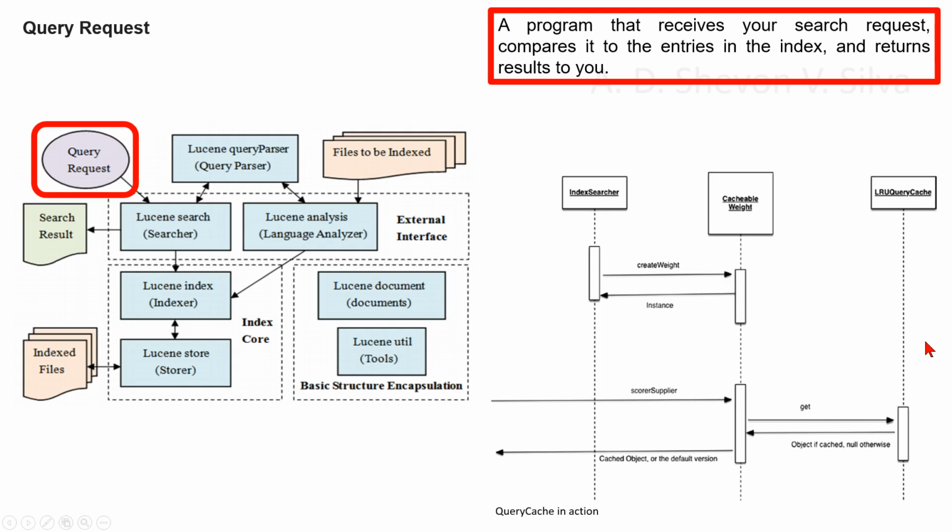Each query creates a weight instance associated with the corresponding index searcher. The default index searcher implementation uses an instance of LRU query cache to cache the incoming query and create the cacheable weight instance.